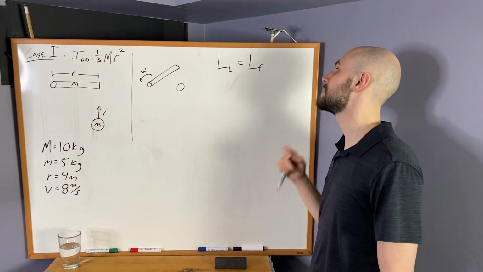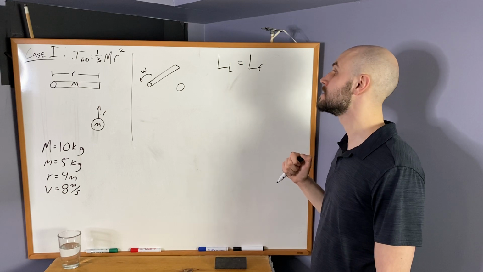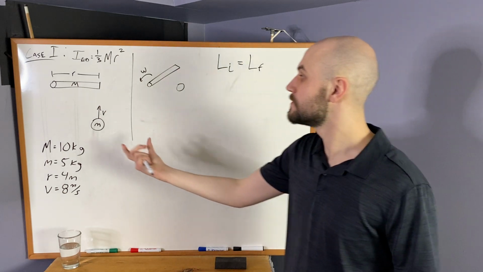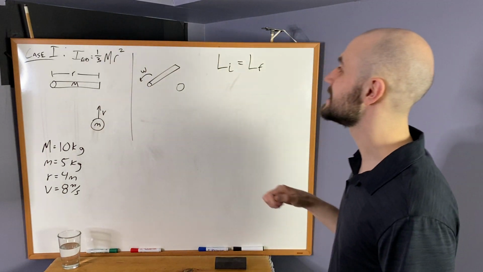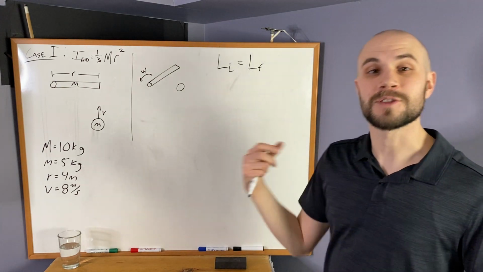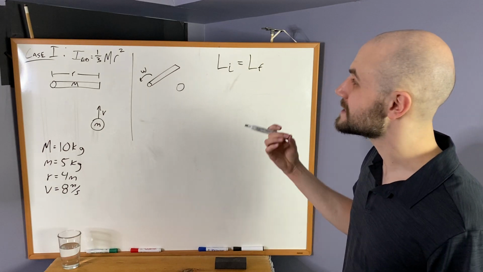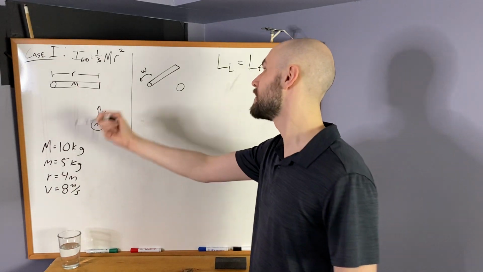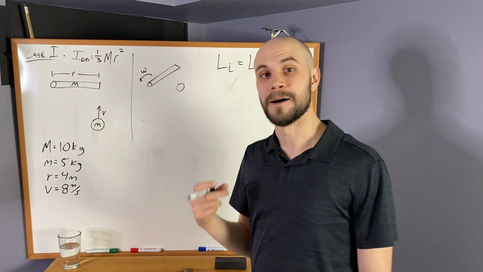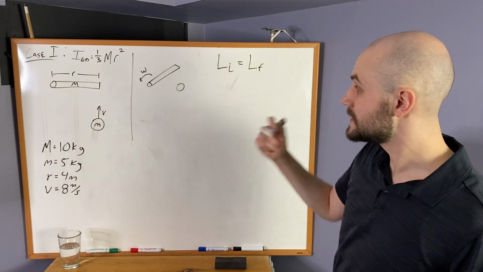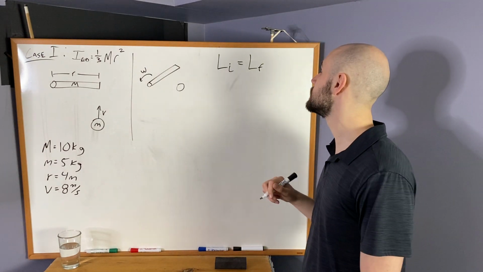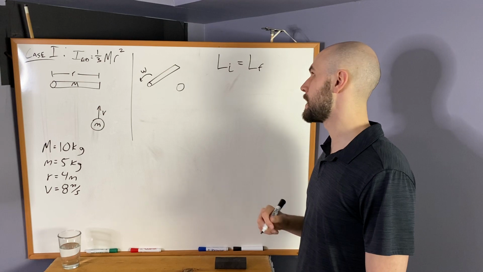So we can look at the conservation of angular momentum here. The angular momentum before the collision is going to be the same as the angular momentum after the collision, looking at the whole system. It's very important to identify what objects actually have angular momentum initially and what objects have angular momentum after the collision, and make sure we set up our angular momentum expressions in the correct way.